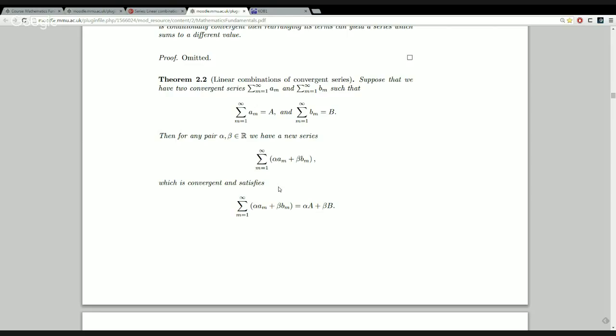When you add up all the powers of 3, what about this series? Well, applying this result, we can straight away say that the sum of this series is minus 2 times the sum of 1 over 2 to the m, plus 5 times the sum from m equals 1 to infinity of 1 over 3 to the m.